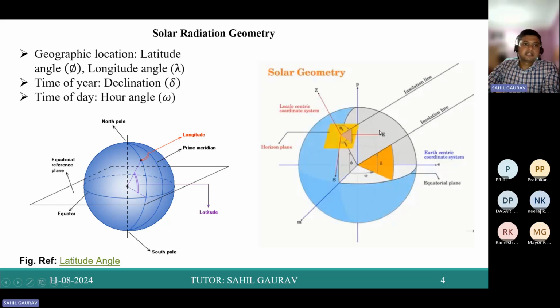Now coming to the important terms that we have to know while solving the problems. Some of the terms related to solar irradiation geometry are latitude angle phi, longitude angle lambda, declination angle delta, and hour angle omega.